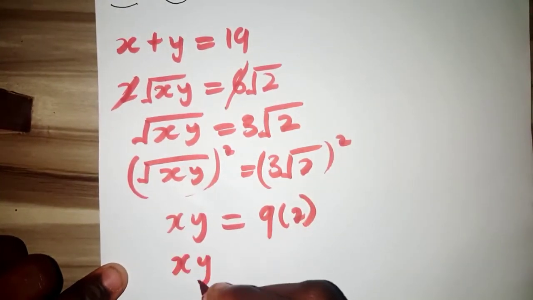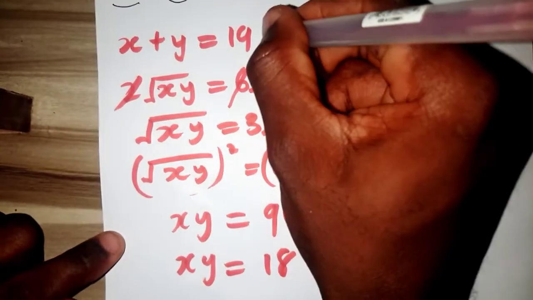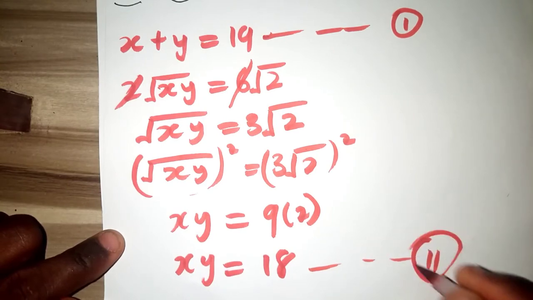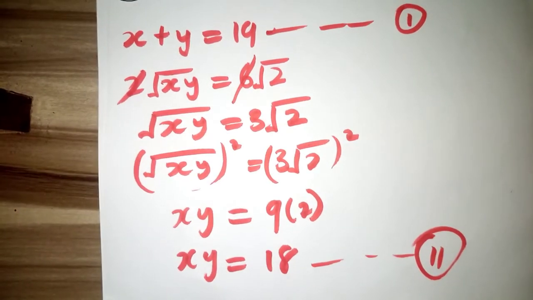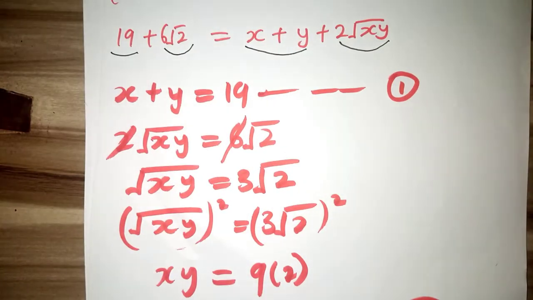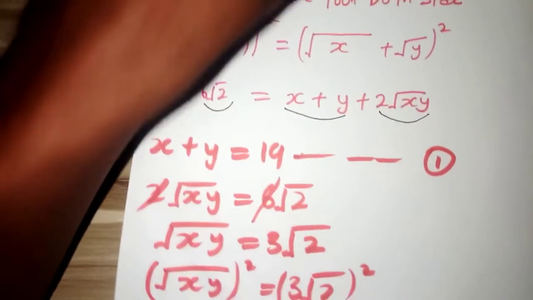So we have xy equal to 18. So we have our first equation and our second equation. But don't forget that our aim is to find x and y.